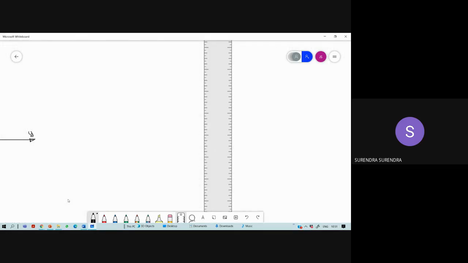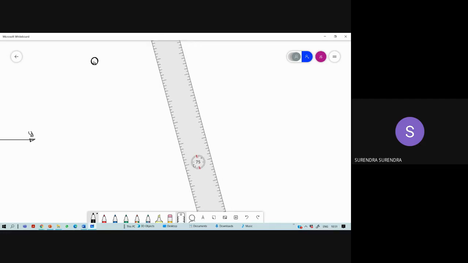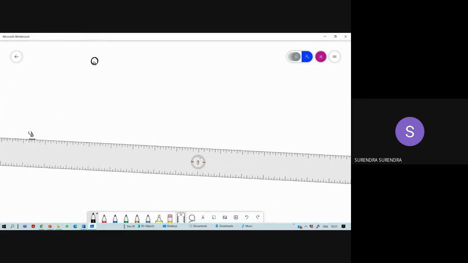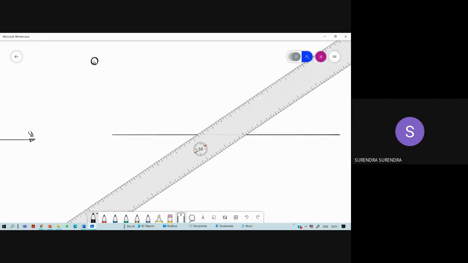Coming to the fourth problem. First draw the XY line. Only 4 points are there, so a smaller one is sufficient.